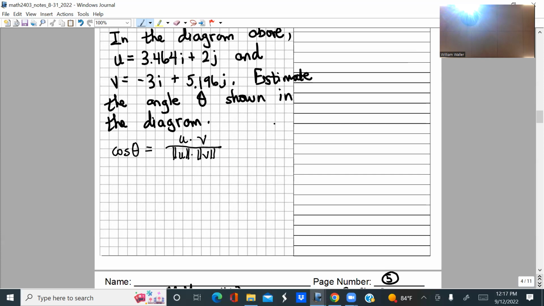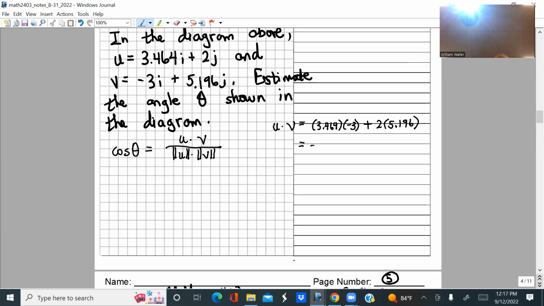Let's see, what is u dot v? Oh boy. Okay, so can we do that here? u dot v is this times this, right? So 3.464 times a minus 3, and then plus 2 times the 5.196. So you have to do those calculations.